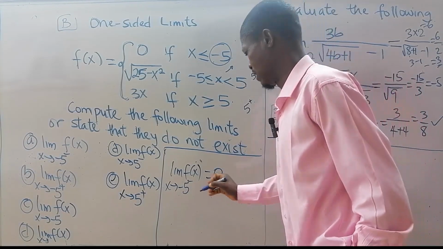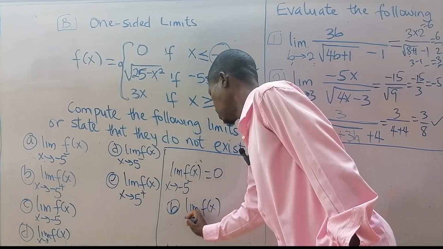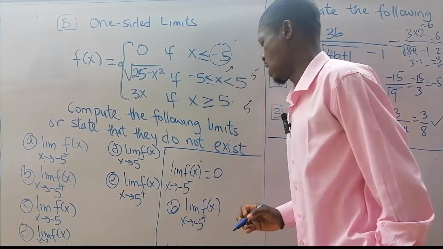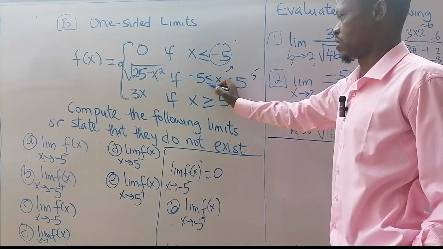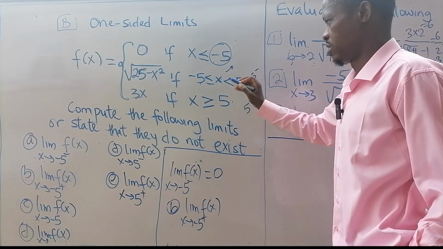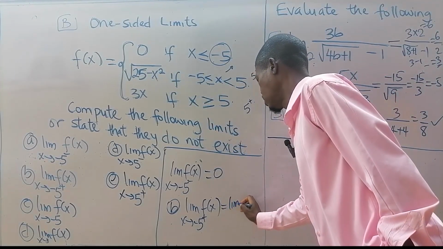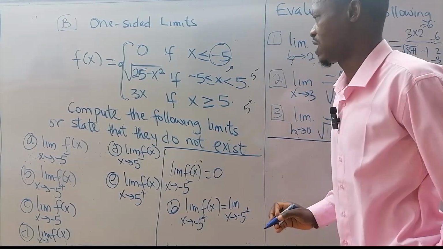Okay, then the b part, limit of f of x as x tends to minus 5 plus. Where do you have more than minus 5? More than minus 5 is this place. Okay, x is greater than minus 5 but less than 5. So this is the function for that place. That's equal to what? Limit as x tends to minus 5 from the right.